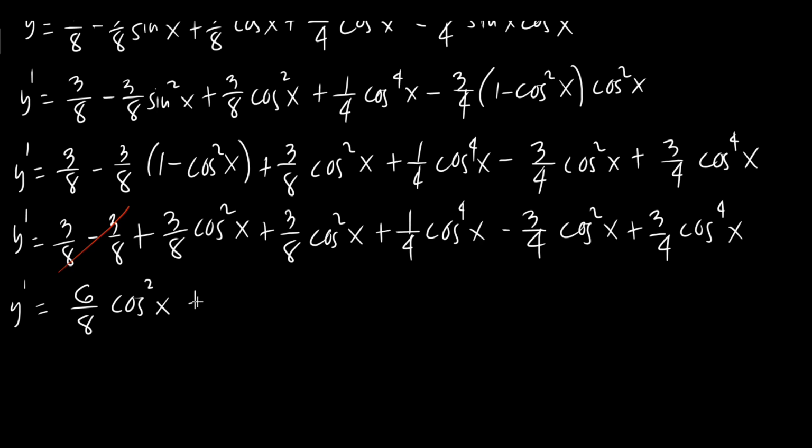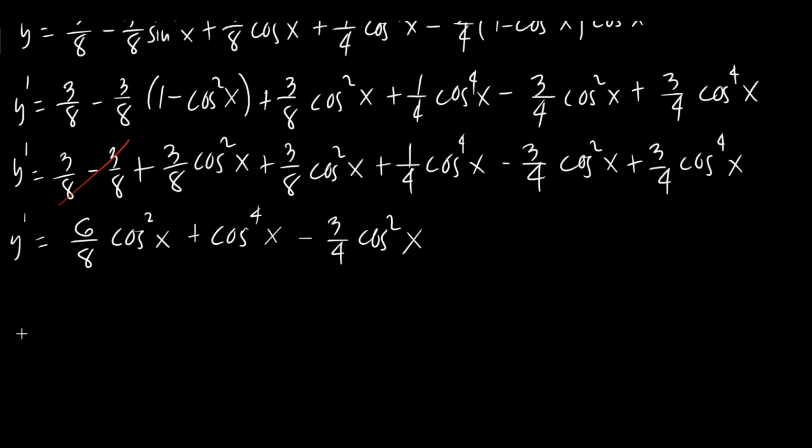So plus cosine of 4x. Copy minus 3/4 cosine squared x.